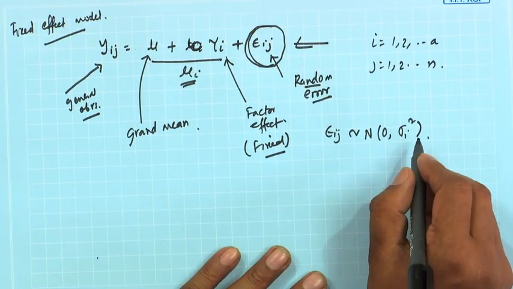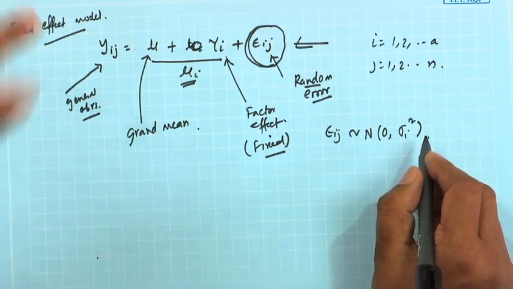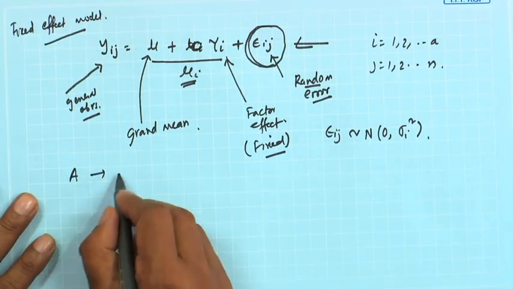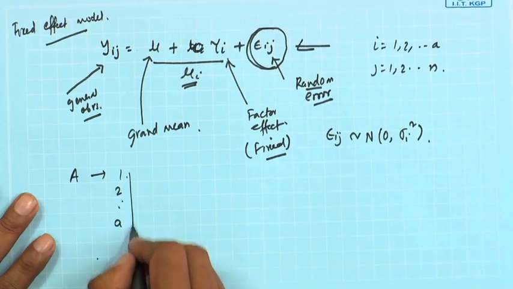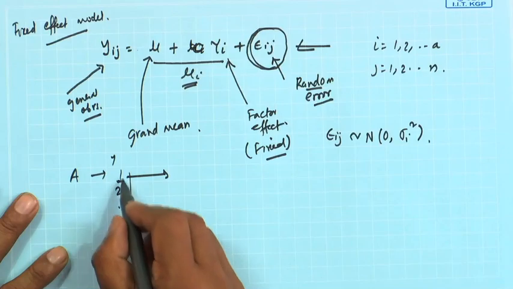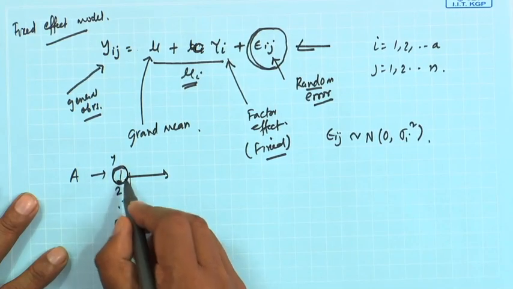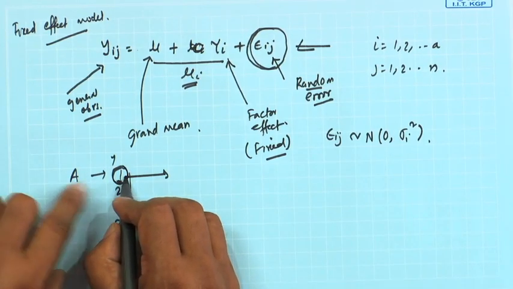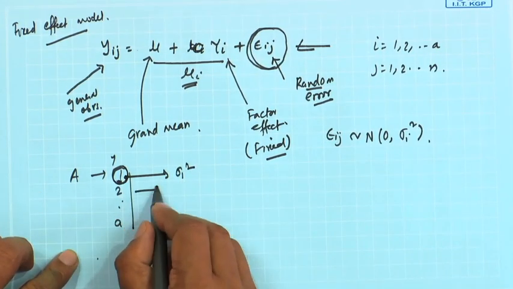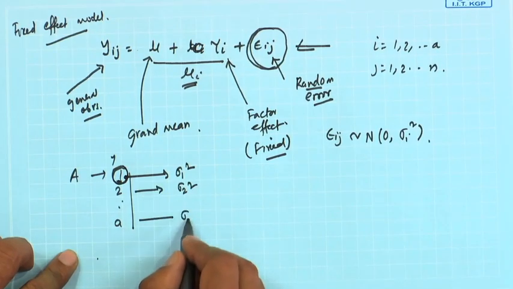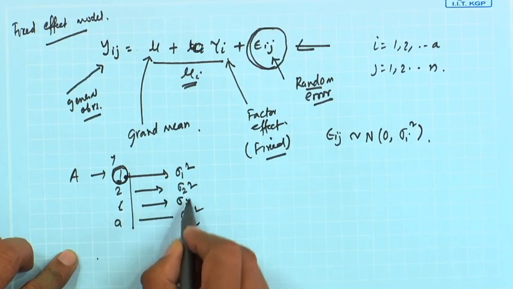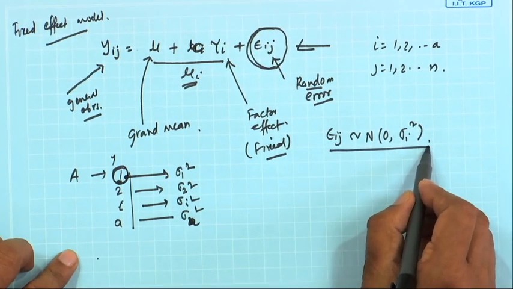If the variance across the different levels, we have a levels, 1, 2 up to a, if the variance of y when the experiment is done at factor level 1 is sigma 1 squared, then this will be sigma 2 squared and this will be sigma a squared, or for the ith case sigma i squared.